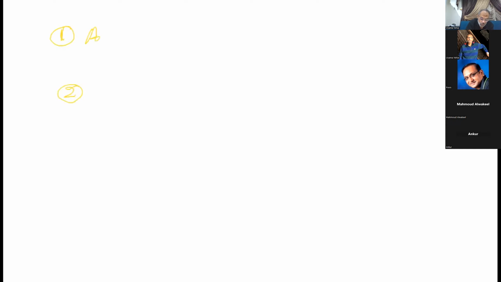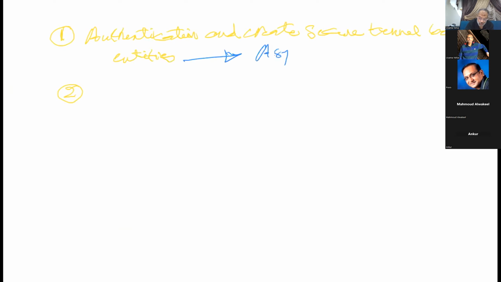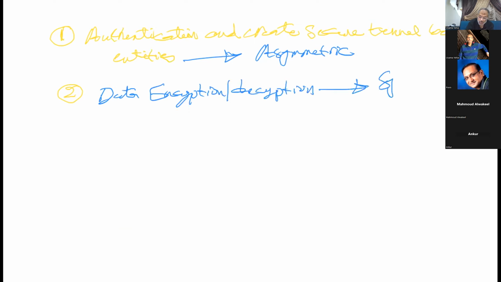In phase number 1, for authentication and to create a secure tunnel between entities, we will use the asymmetric. For data encryption and decryption, we will use the symmetric.